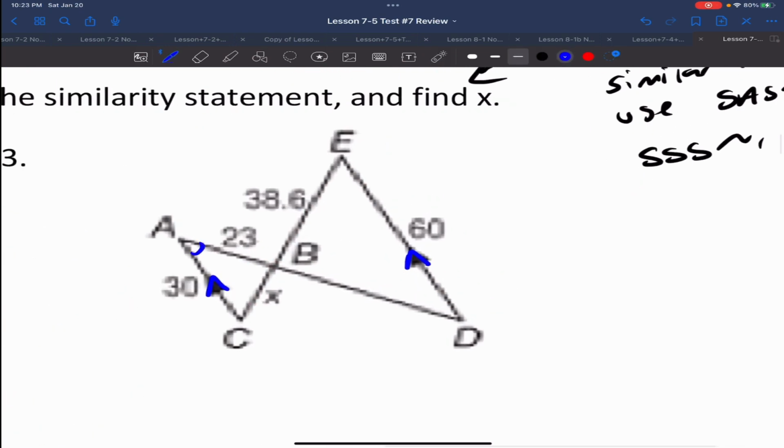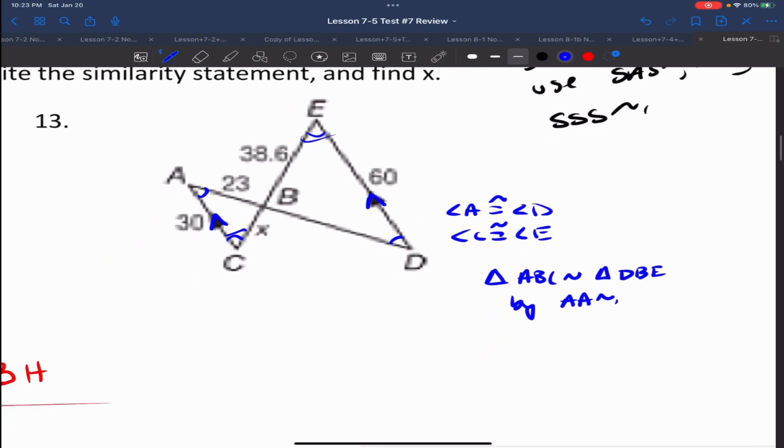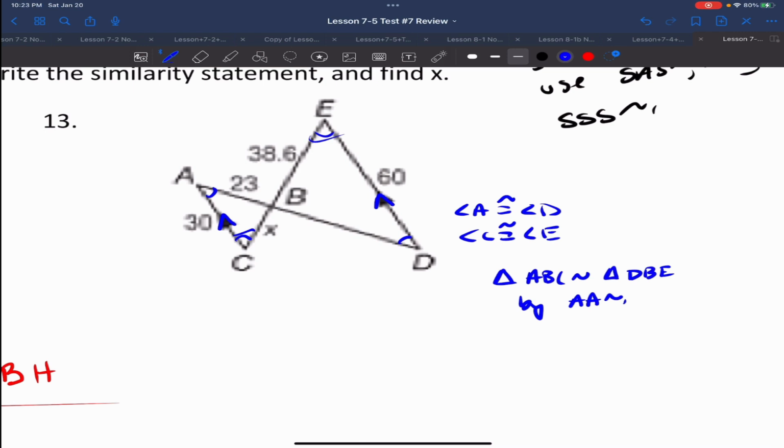So angle A has to be congruent to angle D, and angle C is congruent to angle E. So triangle ABC is similar to triangle DBE by angle similarity. So then this is where I have to find x, and to do that I need to find my scale ratio first.